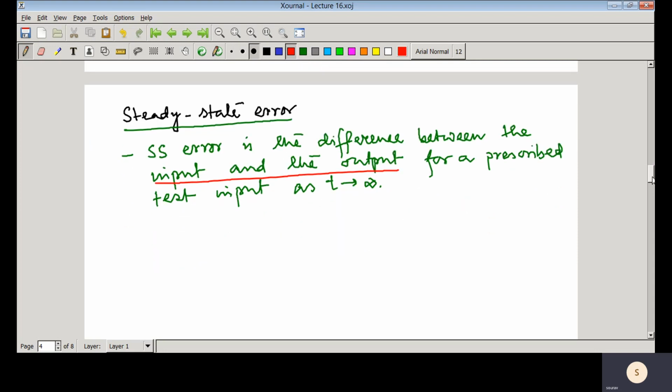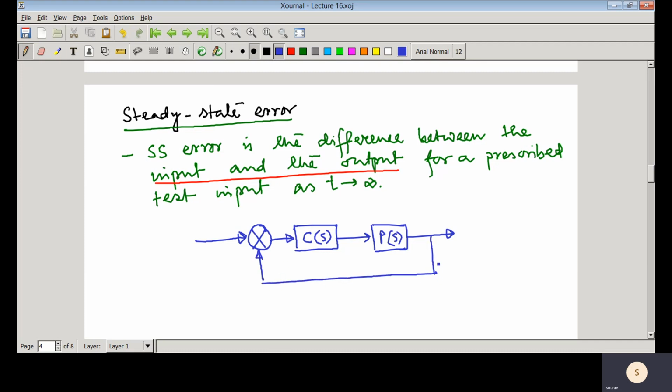So if we draw the closed loop block diagram, here we have a controller or compensator, and then the plant. Once we close that loop, this is negative, and here suppose we have given the reference command and this is the output Y(s).